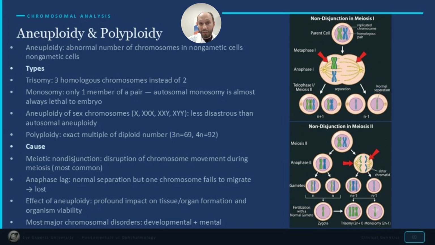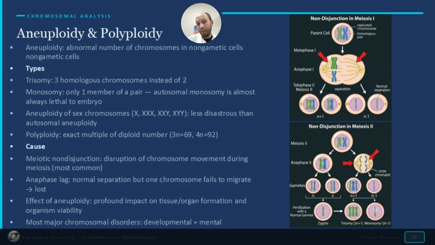X chromosomes do tend to be somewhat of an exception, because if you have an extra X, there's some X chromosome deactivation through the Barr body mechanism, so eventually it does get turned off. And if you're missing one of the X chromosomes, you can still become female, but it turns out you need some of that normal XX for normal development.